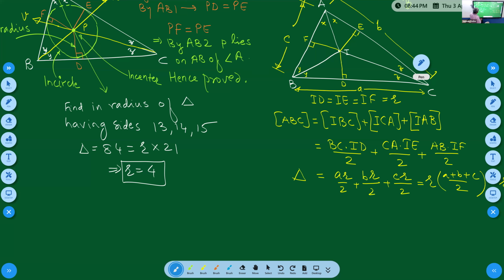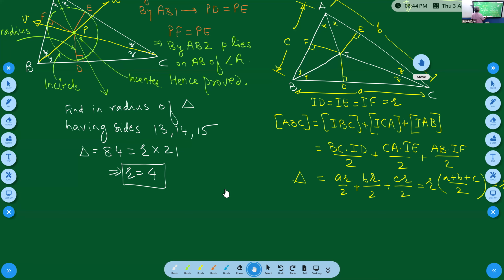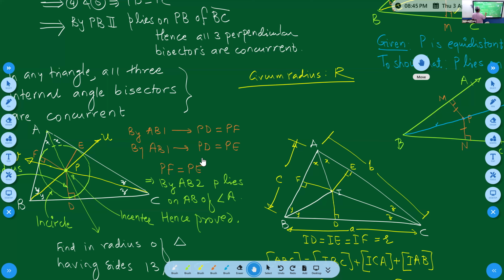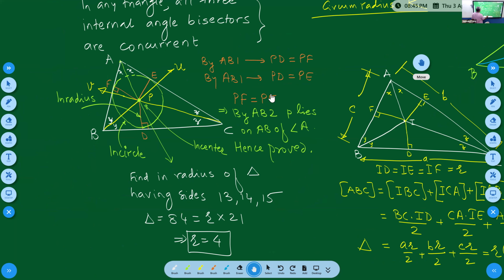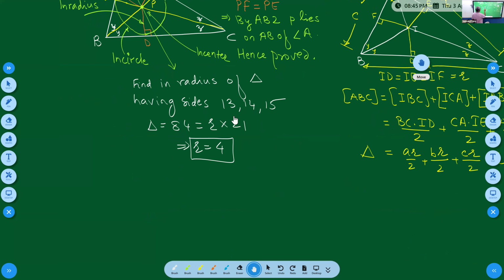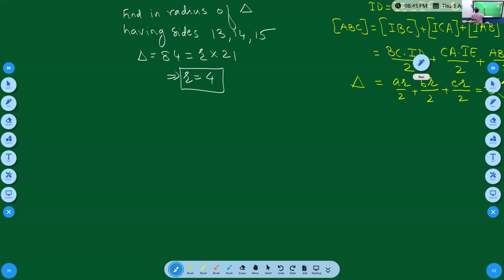Okay, what we have done here is we have drawn three internal angle bisectors: XX, YY, ZZ. However, if I have a triangle and if I extend the arms, suppose this is triangle ABC, correct?